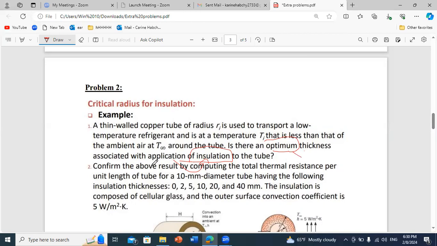After we do the analysis, we will verify this by doing calculations for a 10 millimeter diameter tube having the following insulation thicknesses: 0, 2, 5, 10, 20, and 40 millimeters. They told us that the insulation is composed of cellular glass, and the outer surface convective coefficient is given to be 5 watt per meter square Kelvin.